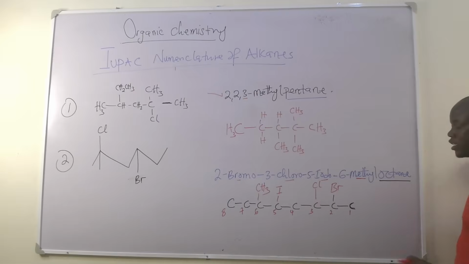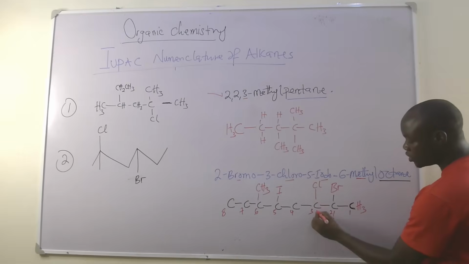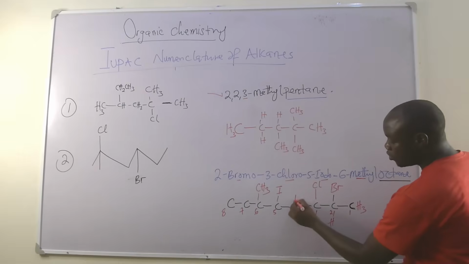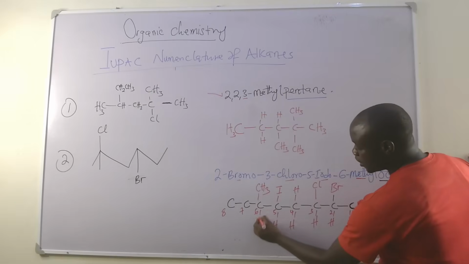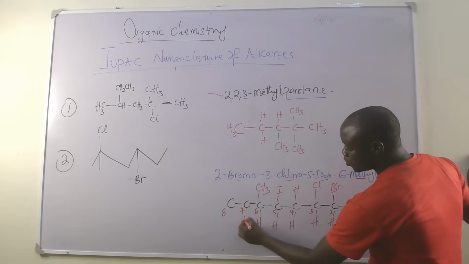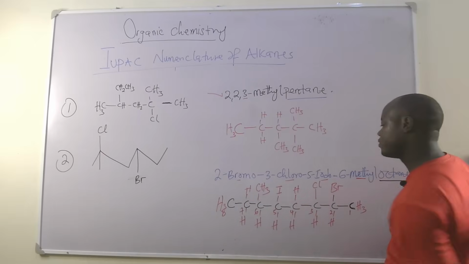So then the next thing is to complete the carbon atoms. So all this is hydrogen. Here is also hydrogen. Here is also hydrogen. Of course, here is also hydrogen. Hydrogen here, hydrogen. Here is also hydrogen. Here is also hydrogen. And we have 3 hydrogen here.